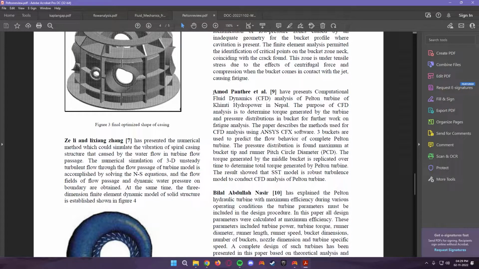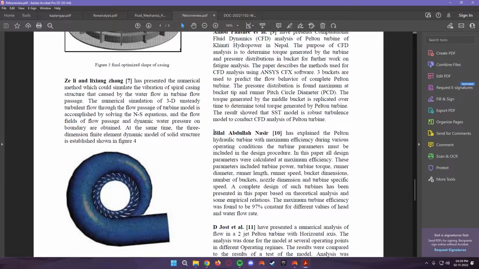Aman Pothe has presented a computational fluid dynamics analysis of a Pelton turbine at the Kimti hydropower plant in Nepal. The purpose of the CFD analysis is to determine the torque generated by the turbine and the pressure distribution in the bucket for further work on the fatigue analysis. And next page.